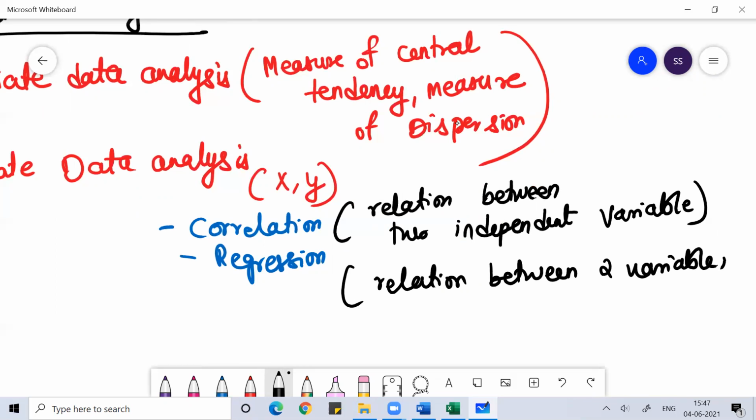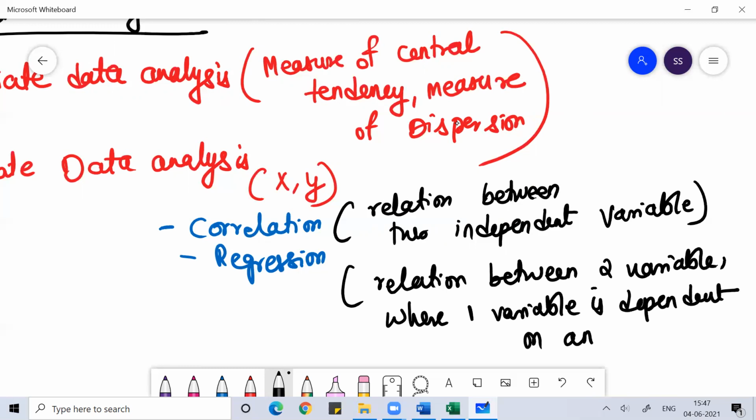Regression is also a relation between two variables, but in the case of regression, one variable is dependent on the other. Correlation means the relation between two variables where both variables are independent of each other.